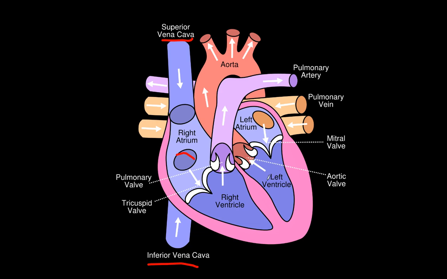Once it picks up oxygen in the lungs, it's going to come back by the pulmonary veins and return to the left atrium. Same thing essentially happens here, except the valve between the left atrium and the left ventricle is the mitral valve. It's going to stay closed as long as the left atrium pressure is below that of the left ventricle. But once it contracts, that exceeds that, and blood pushes through here.